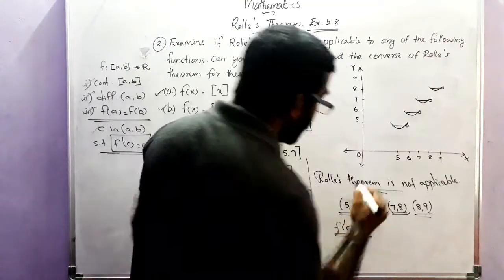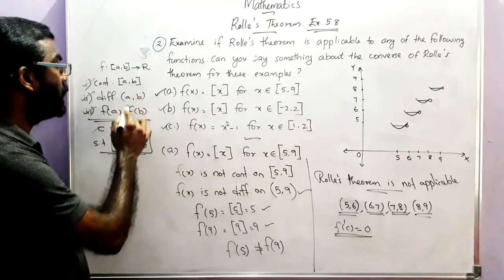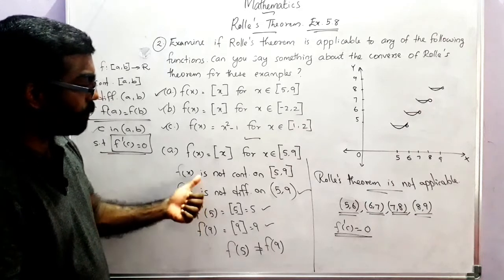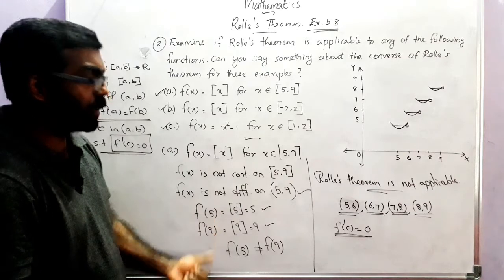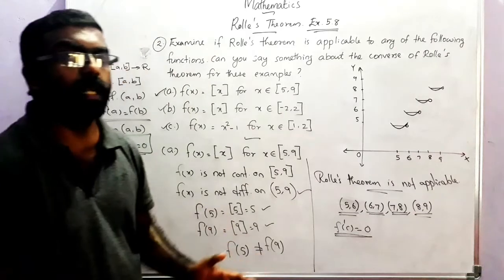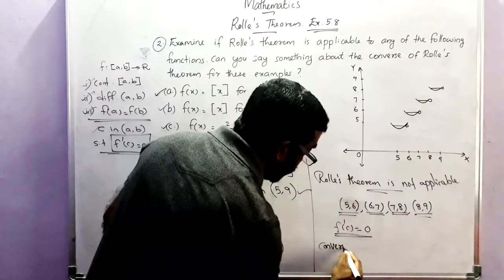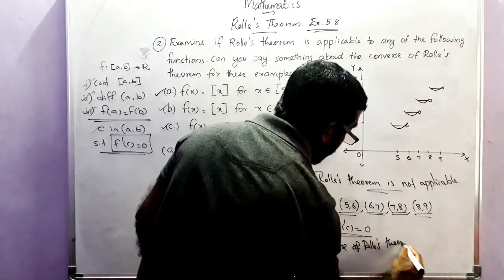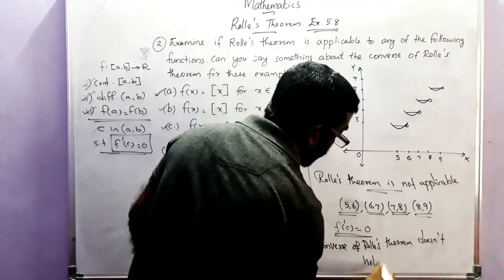But f dash of c equal to 0 doesn't imply that the function is continuous, differentiable, and f of a is equal to f of b, because we already proved that f is not continuous, not differentiable, and f of a is not equal to f of b. So the converse of Rolle's theorem doesn't hold good.